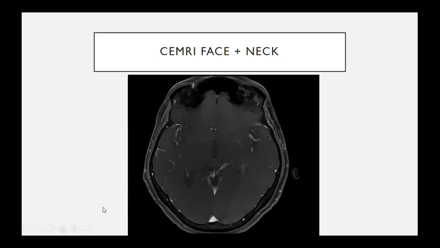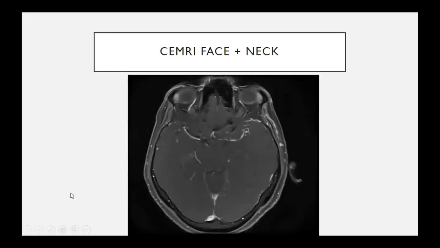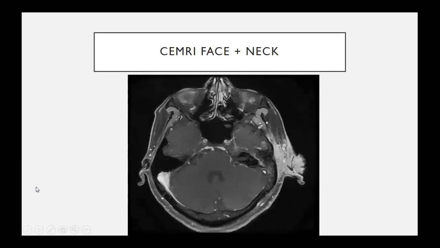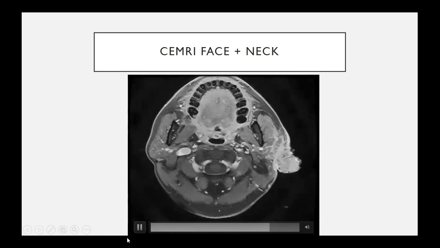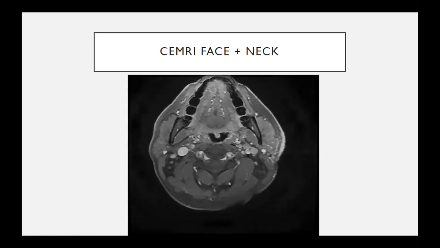This is the contrast MRI of the same patient. What additional information did this give you? In the HRCT, the disease seemed to involve the middle ear and parotid as well.